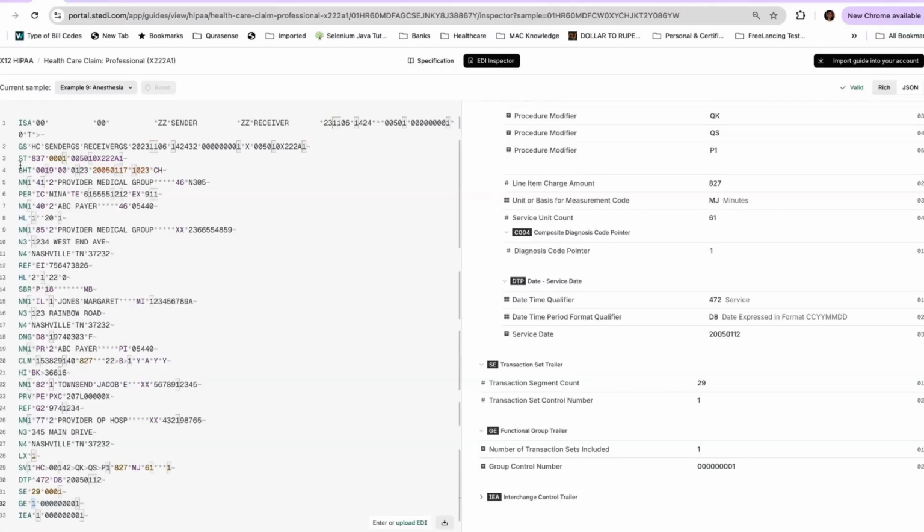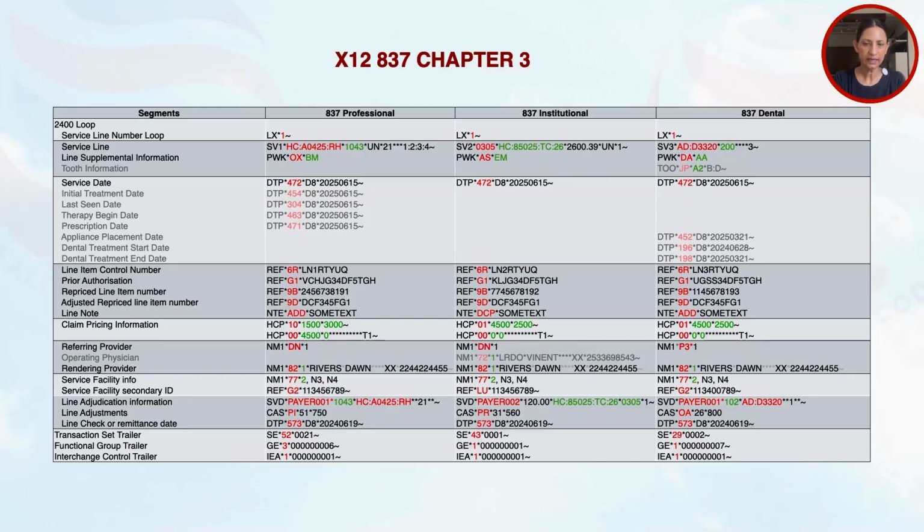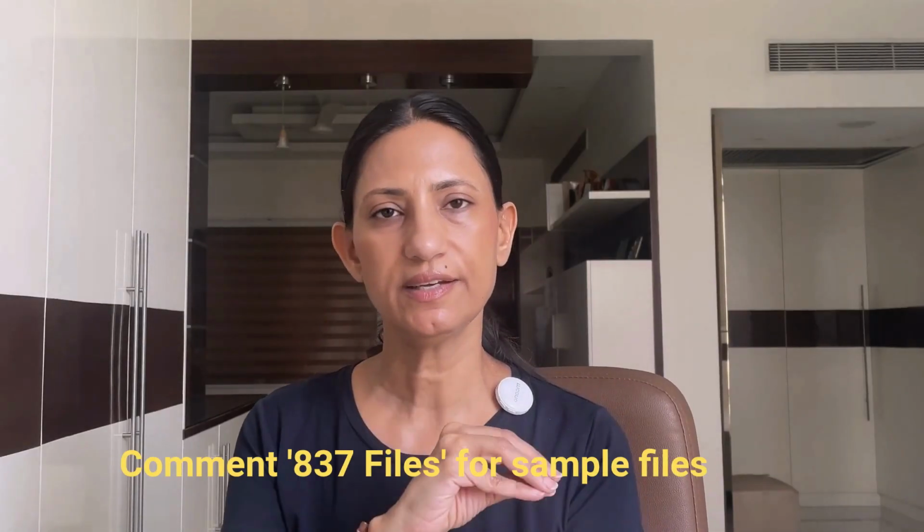Again, GE01 has the count of the total transactions in this group. IEA marks the trailer or closure for the interchange file whose number is in IEA02. IEA01 is the total count of the functional groups in this file. These were all the segments that we had to cover for X12 837 files.